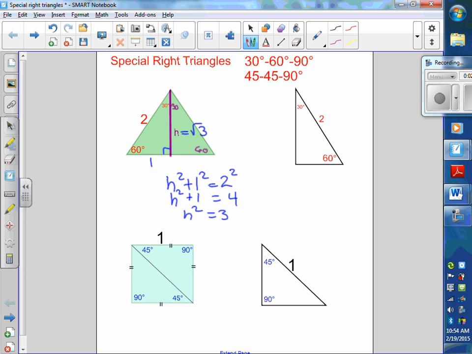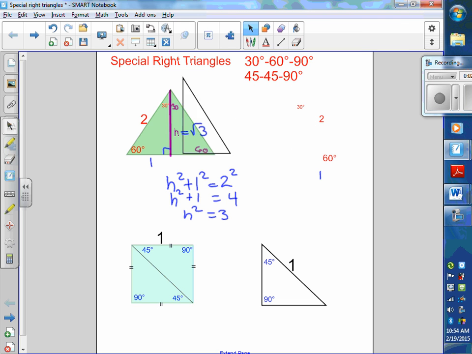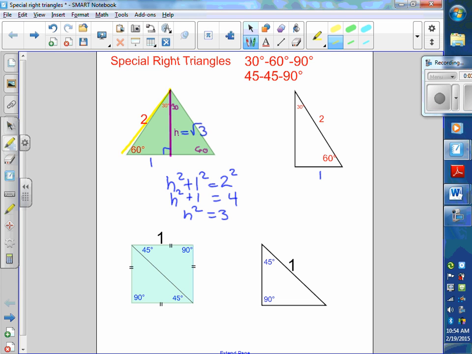So if I just take this triangle, you know, well, I didn't actually make the same size, but if I took the triangle out of the picture, I would have a 30, 60, 90.